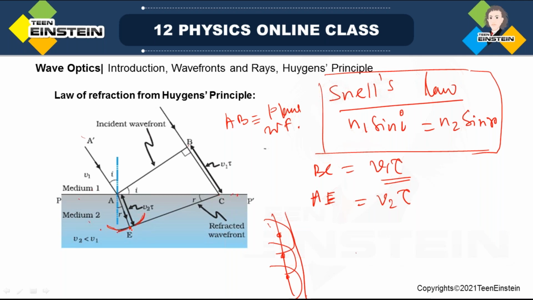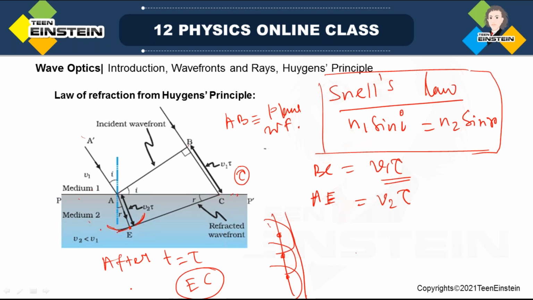Suppose this is point E. So now I can think that the position of the new wavefront will be here. When? After time tau. At t equal to tau, the position of the new wavefront will be where? EC. EC will be the new plane wavefront.